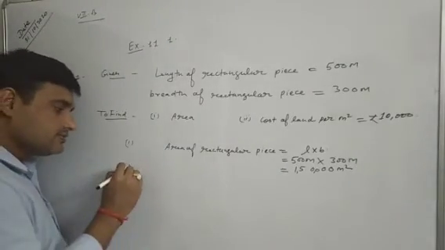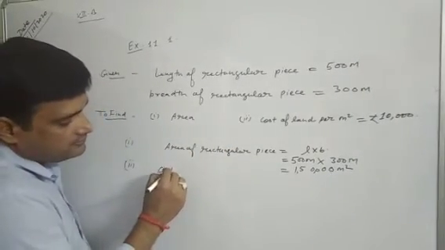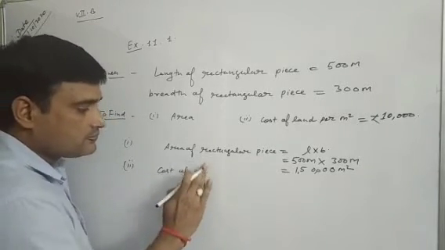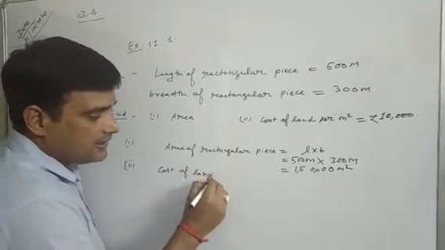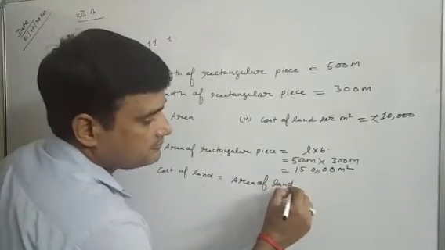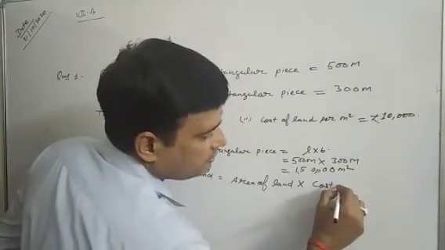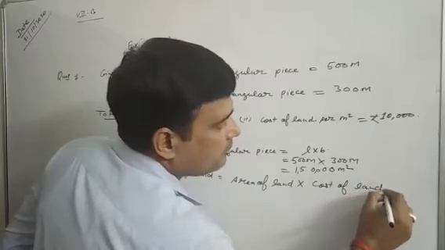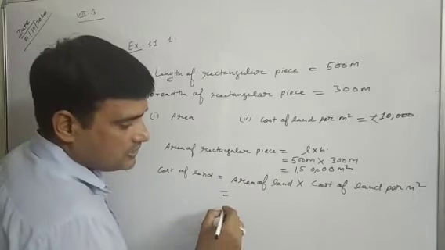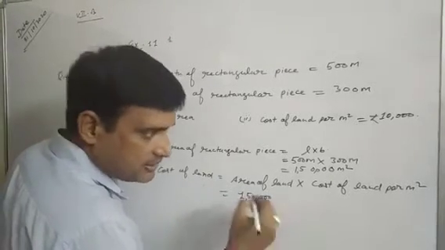Now second thing, to find cost of land. Cost of land is equal to area of land multiplied by cost of land per meter square. How much area? 1,50,000 meter square.